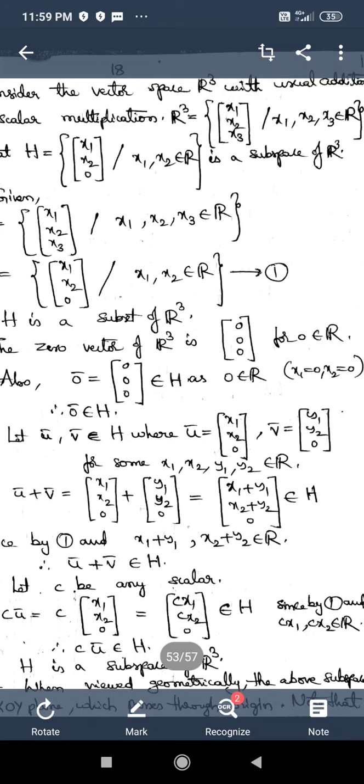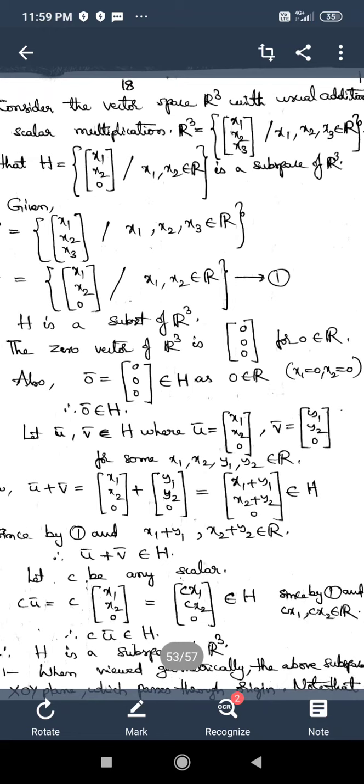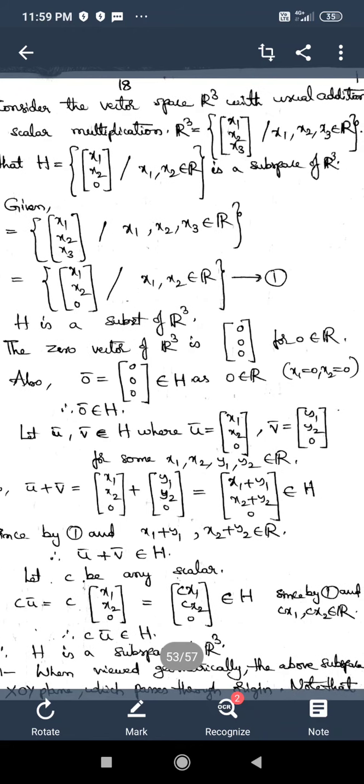And now we can see that the last entry in the resultant column vector (Cx1, Cx2, 0) is 0, a fixed number, and we also know that the first two entries Cx1 and Cx2 are the scalar multiples of two real numbers x1, x2, where C itself is also a real number, and hence those two are also real numbers.